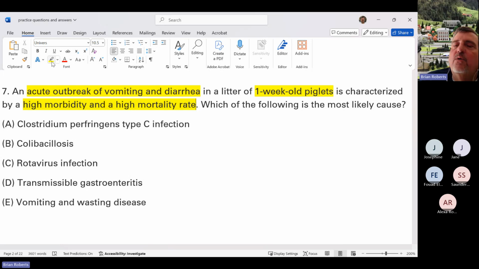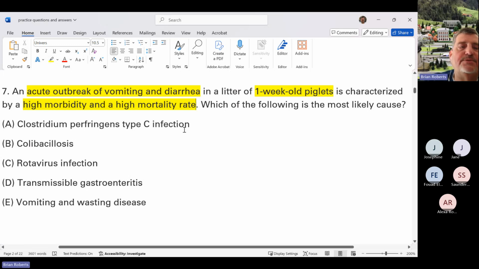Okay, so what acute agent causes high morbidity and high mortality GI issues in 1-week-old piglets? Okay, so we got Clostridium perfringens type C, colibacillosis, rotavirus, transmissible gastroenteritis, vomiting and wasting disease.